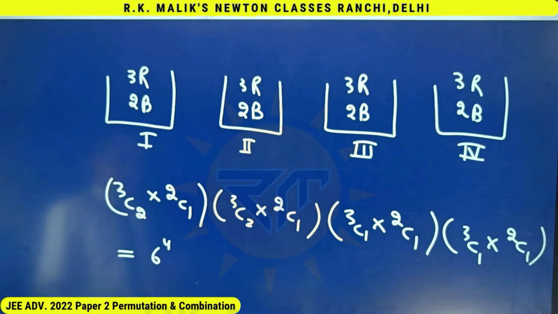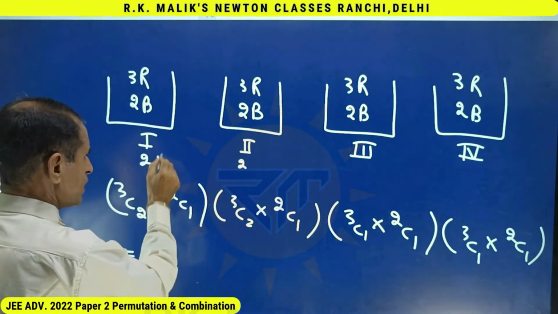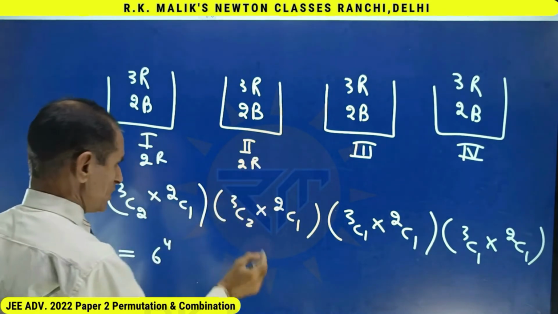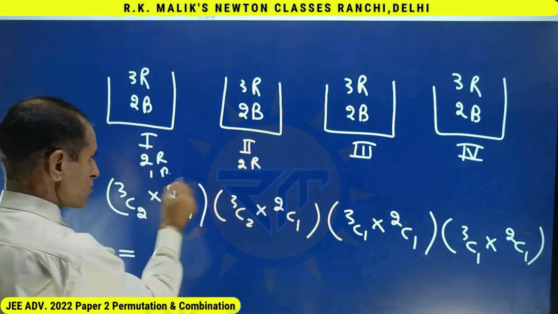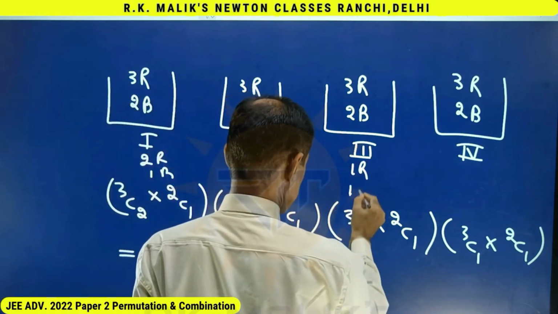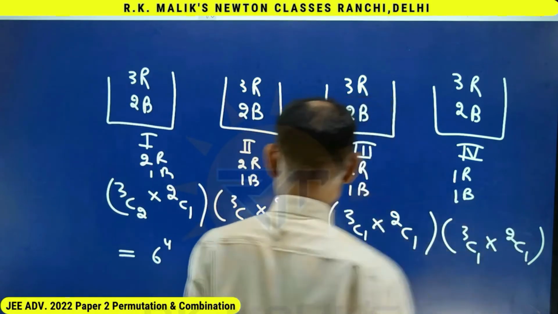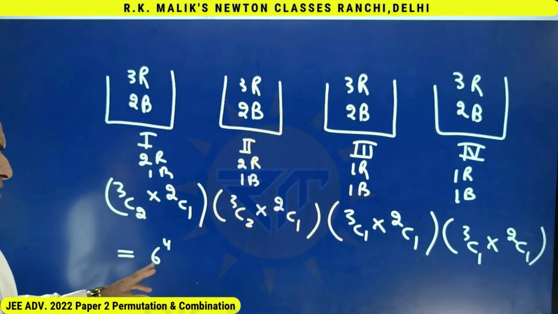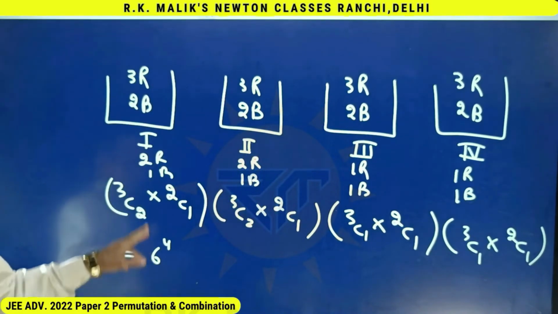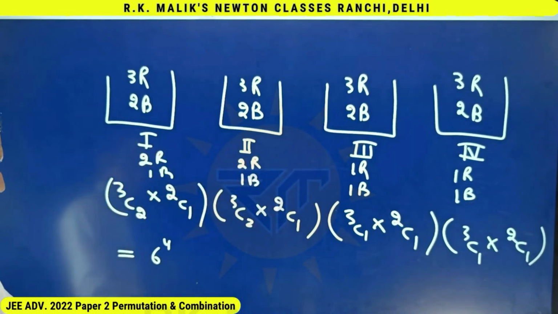But this is the case when these two have given 2 red, 2 red. This is the answer for this way of selecting.